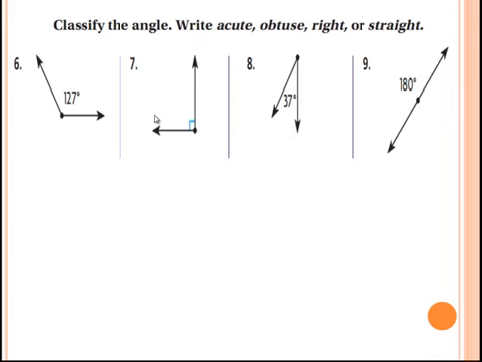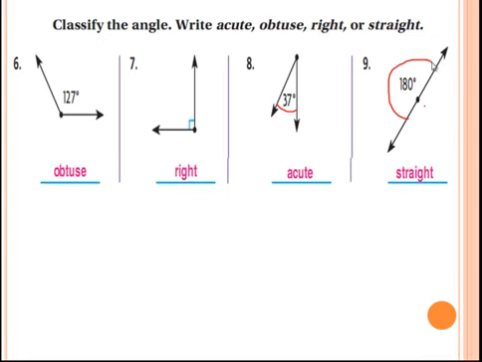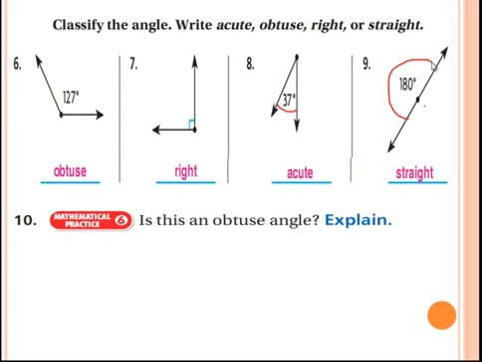Here, classify the angle: acute, obtuse, right or straight. The first one, question 6, I know that it's straight. If you answer them like me, you are right. Let's go to question 10. Is this an obtuse angle?